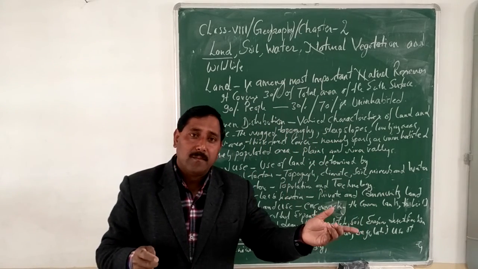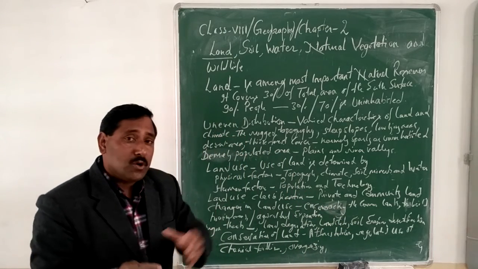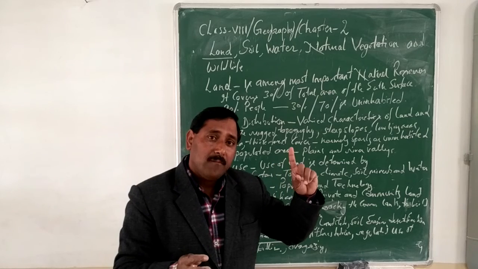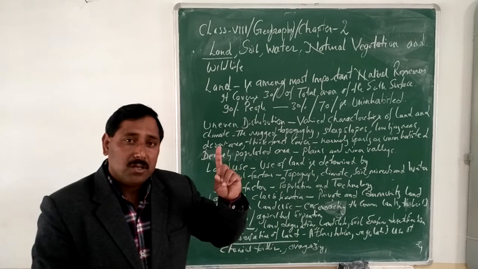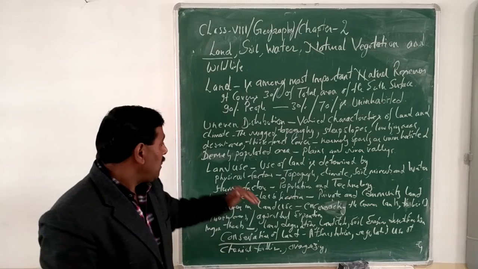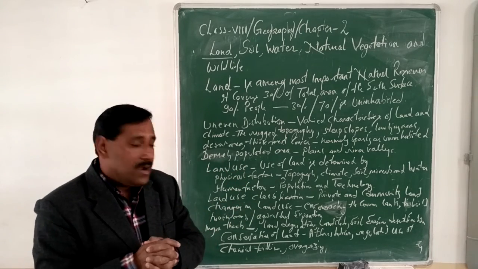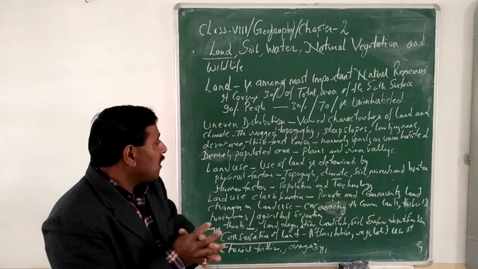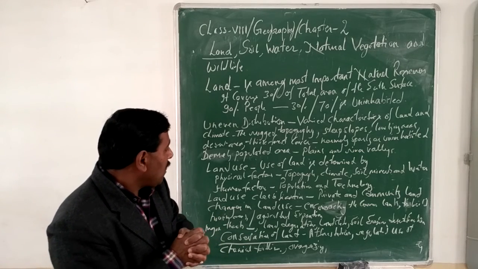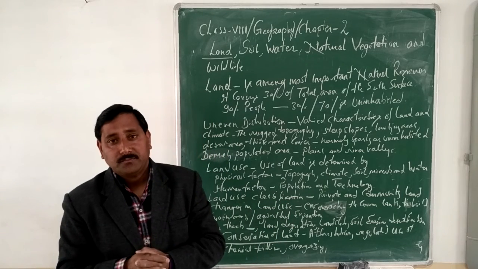As we discussed earlier, the uneven distribution of population is due to the varied climatic conditions, the soil type present in their area. Now here, in this section, land use, we will discuss the various factors which affects the use of land.